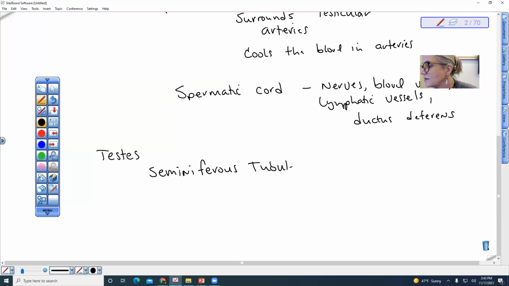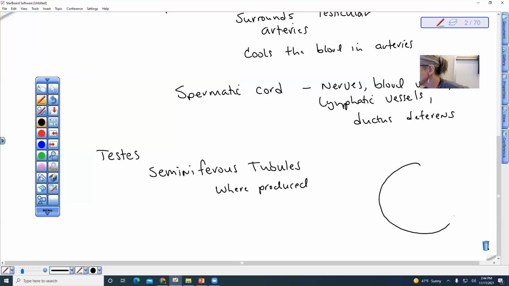These tubules are packaged in segments called lobules, but the tubule is actually continuous, and it is within the center of the tubule that the cells divide and produce the sperm. So this is where sperm are produced.